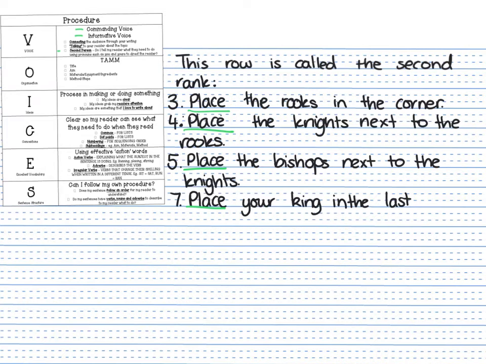Oh, no, we forgot someone. We forgot the queen. So what I'm going to do is I'm just going to cross it out because I'm pretty good. I'm just going to cross it out.